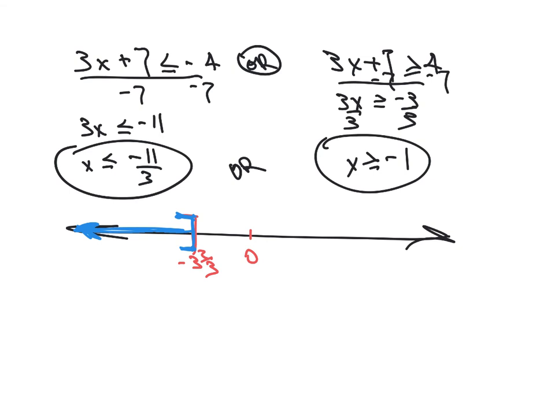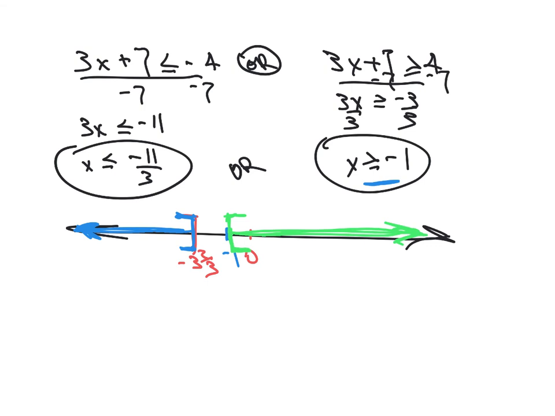And then it says, or x is greater than negative 1. So I'll put a negative 1 there, and it's greater than or equal to, so it's also going to have a bracket. But since it's greater, it's going to go that way. And we're done. So if they ask you to graph it, that's what it's going to look like.